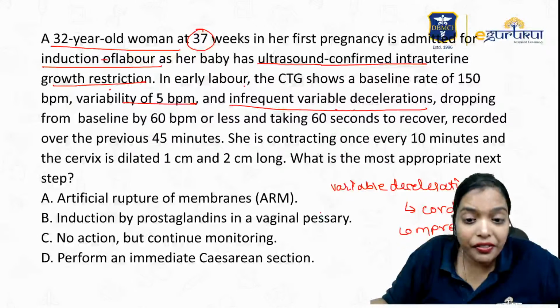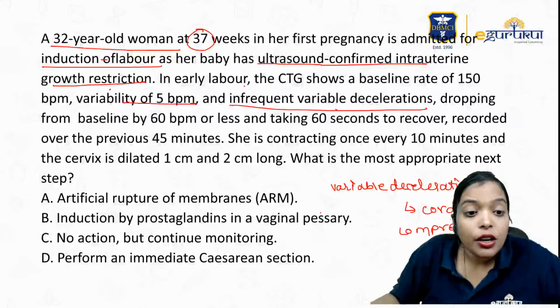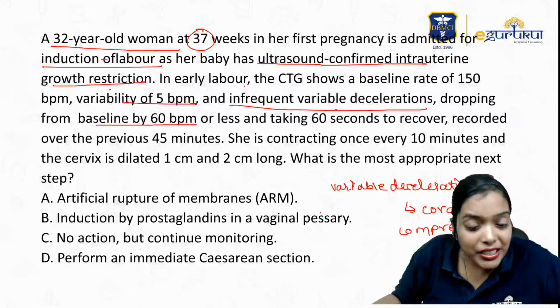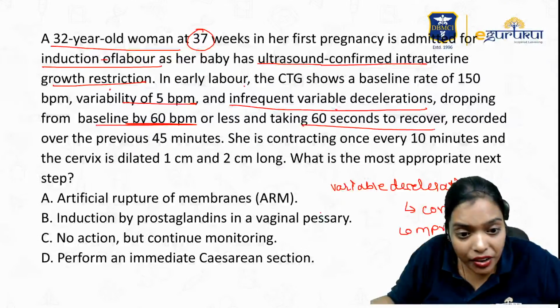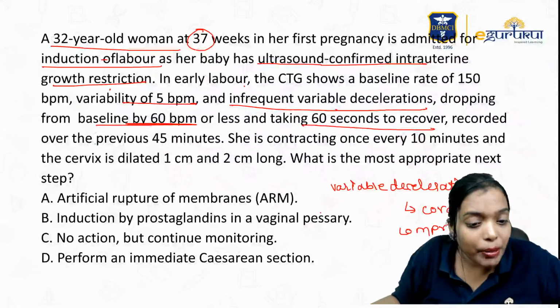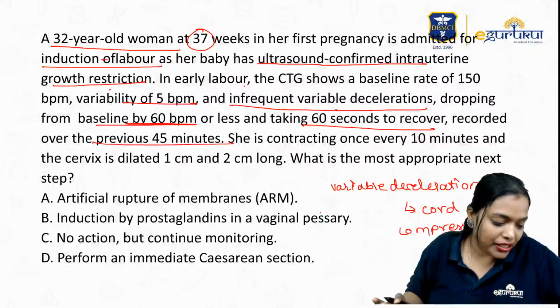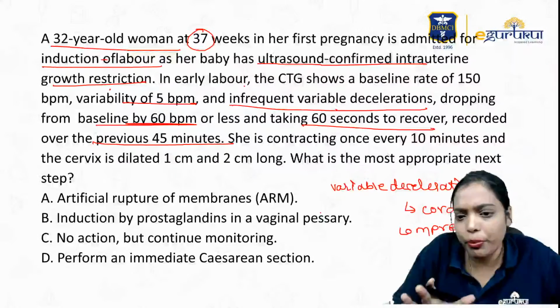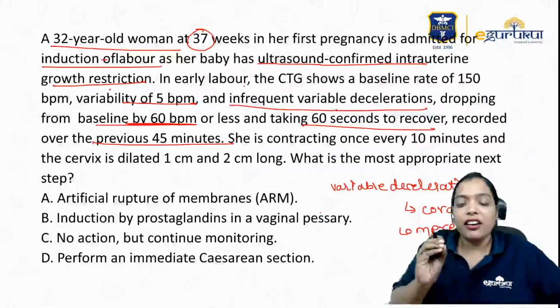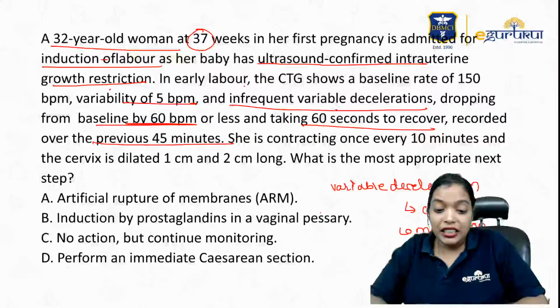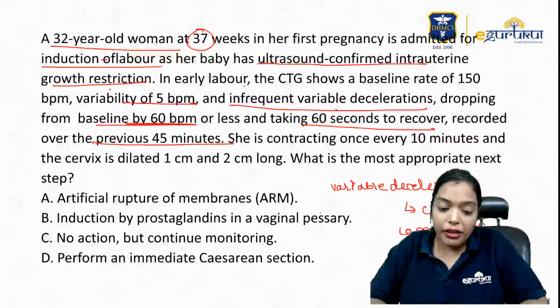So there is infrequent variable deceleration, dropping the baseline by 60 beats per minute or less and taking 60 seconds to recover. This has been recorded over the previous 45 minutes. Irrespective of whatever you know about CTG, do you think these findings of CTG are normal or abnormal?